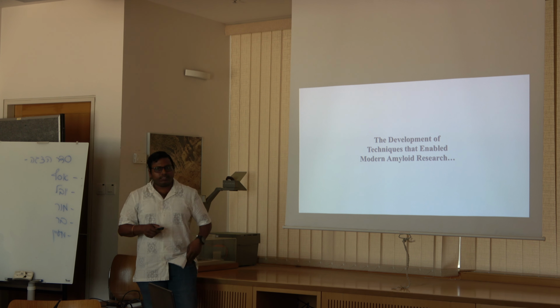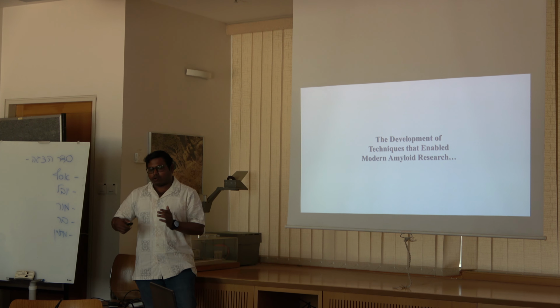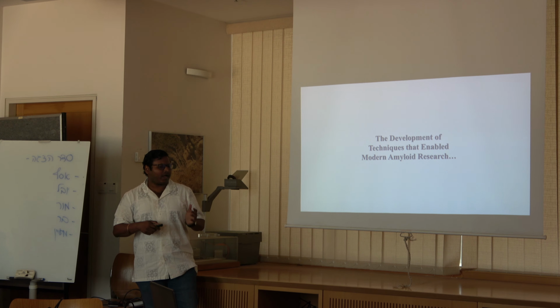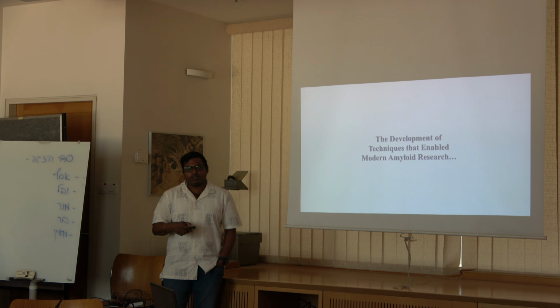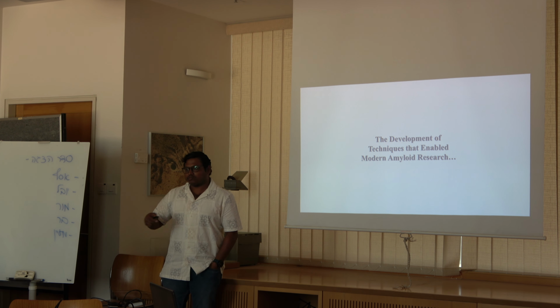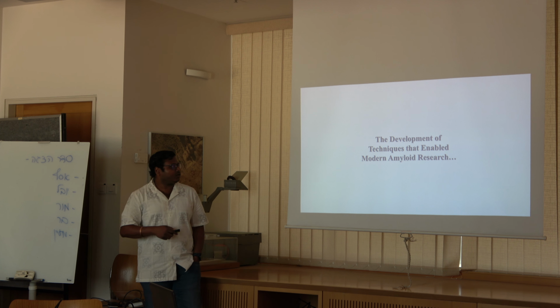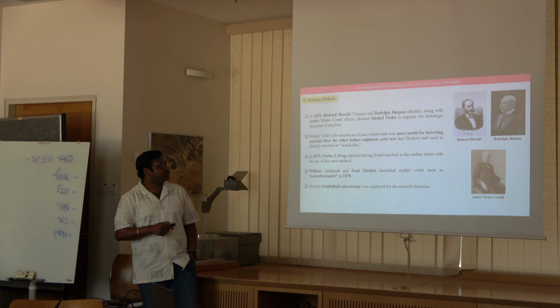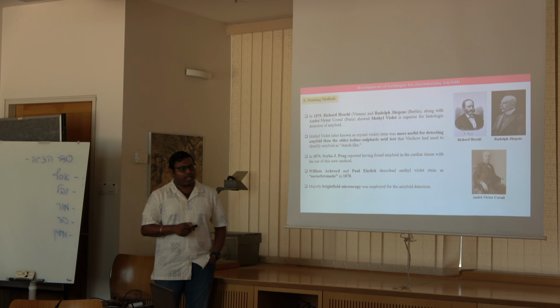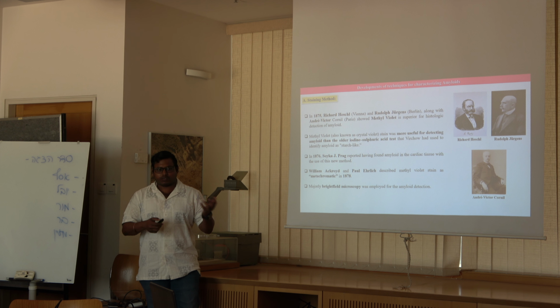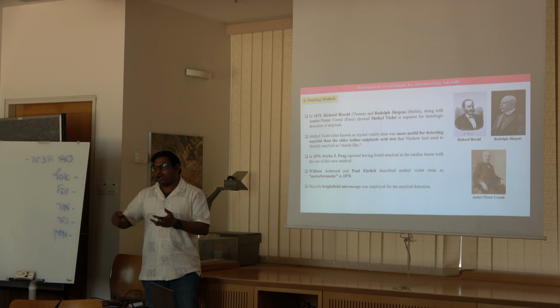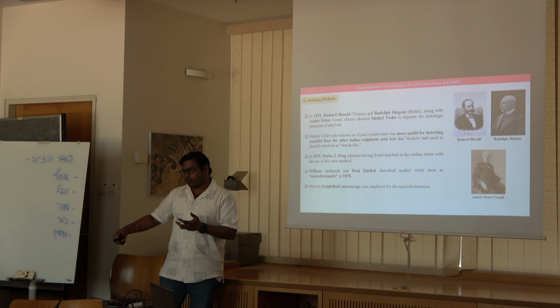So after the change in the early concept of the amyloids, people tried to develop techniques that could characterize these amyloids in different ways. First of all, what came was the staining method. At that time there was no microscopy or crystallography like we use in modern times.